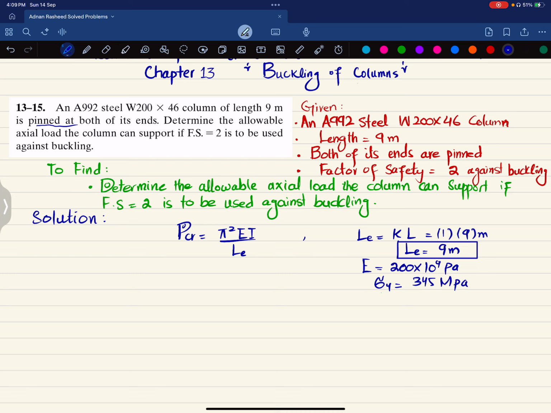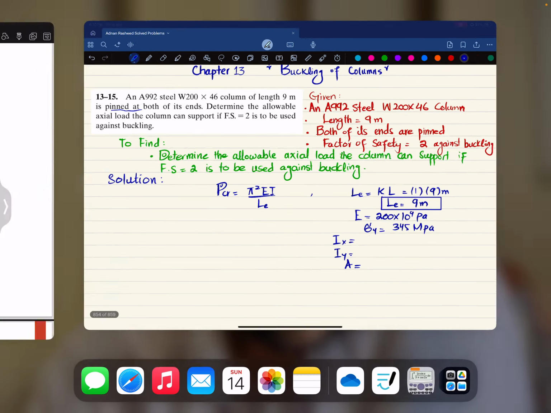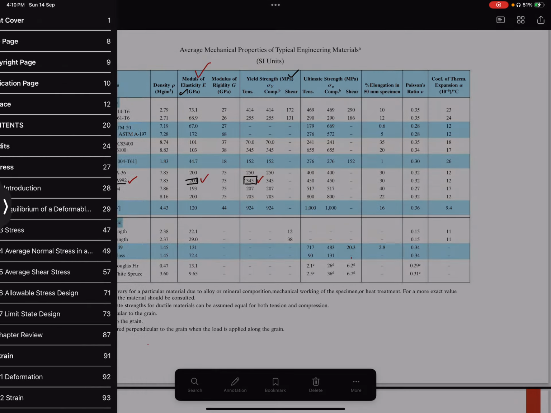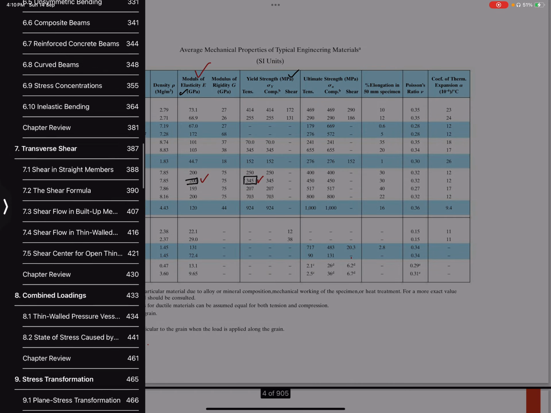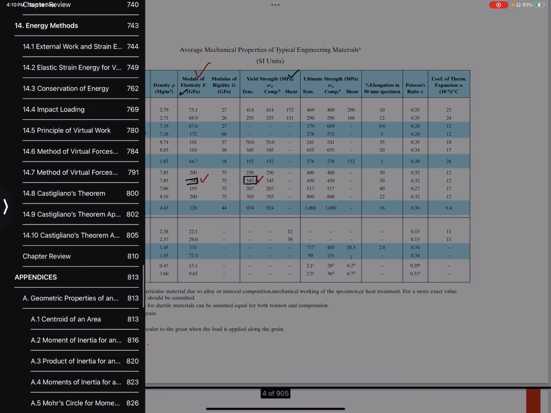Now what is the value of I? We will check both Ix and Iy of this W200 column, and we will take the values from the table, as well as the area, which we will need later on. So we will take all these three values from the book. Again you have to go to the book and move to the appendices.